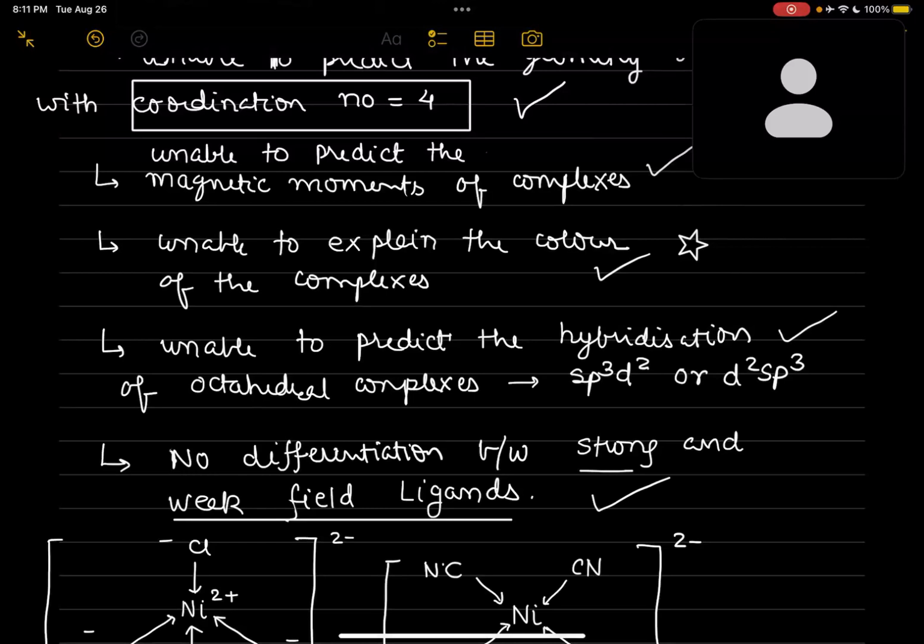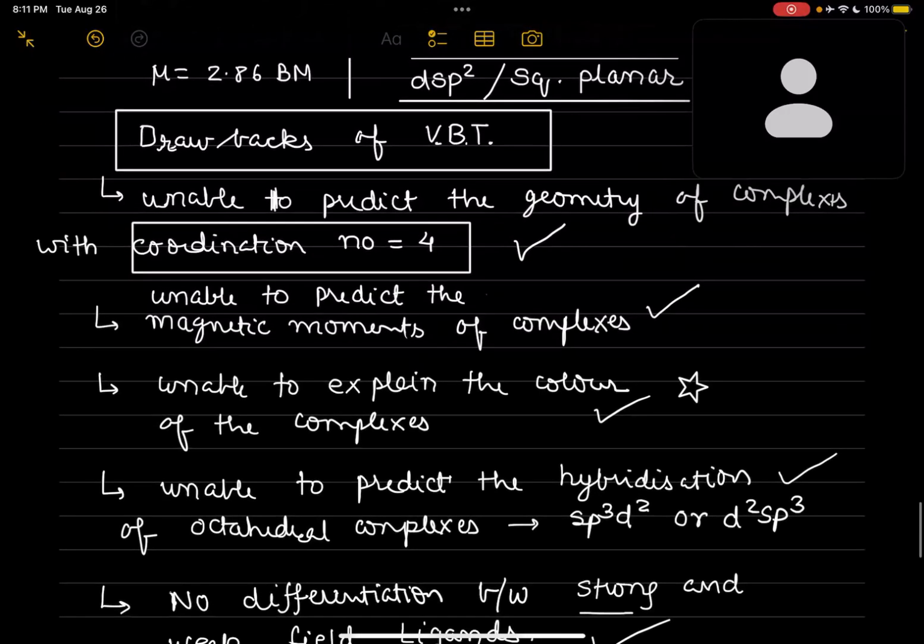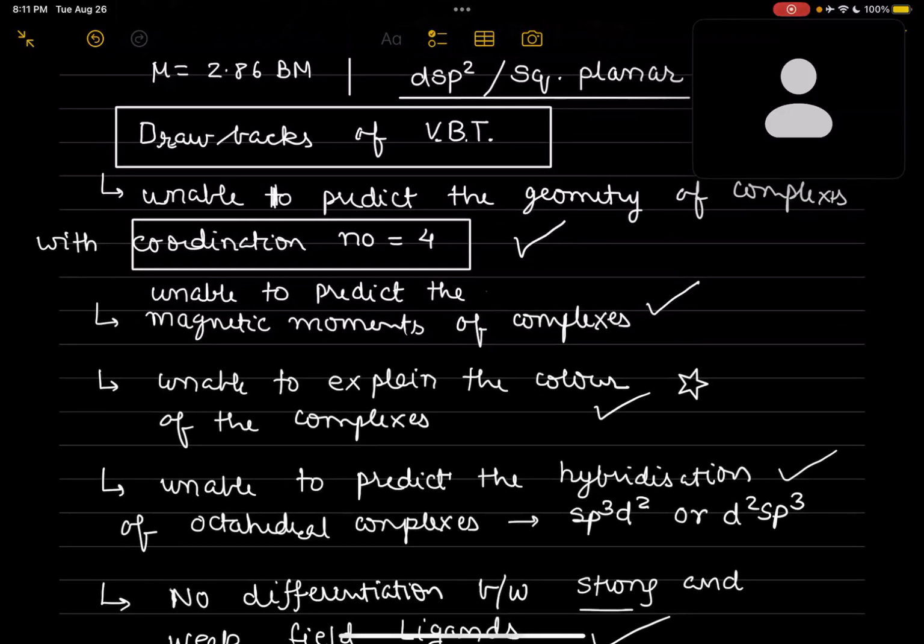So this is the drawback of valence bond theory. We were discussing the drawbacks that valence bond theory is unable to predict the geometry of complexes connected to four ligands. Valence bond theory is unable to predict whether the complex is going to be square planar or is it going to be tetrahedral.